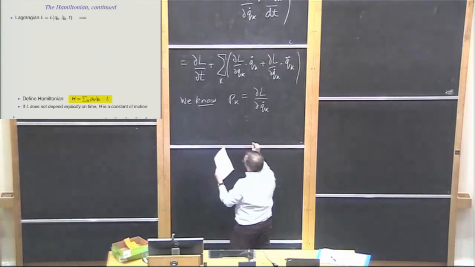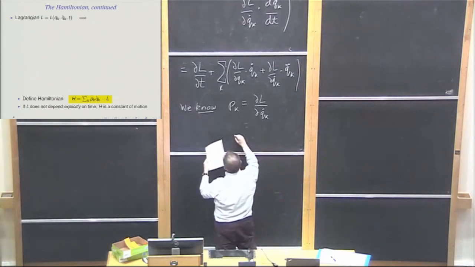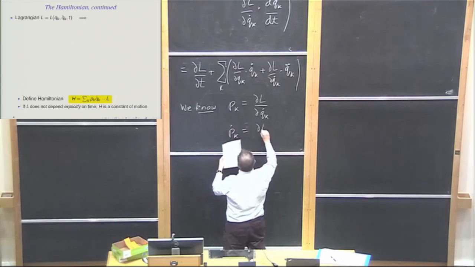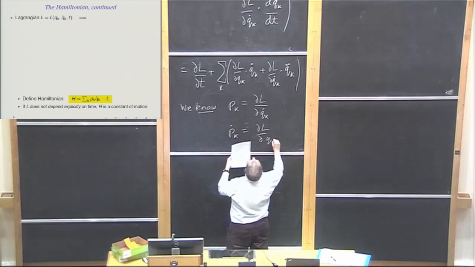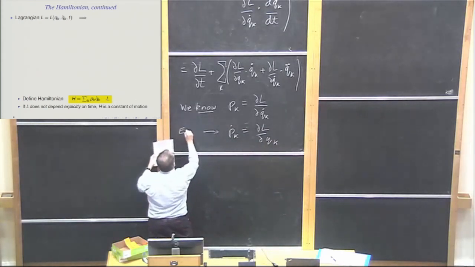And we also know from Euler-Lagrange that p_k dot is ∂L by ∂q_k. That's just Euler-Lagrange.